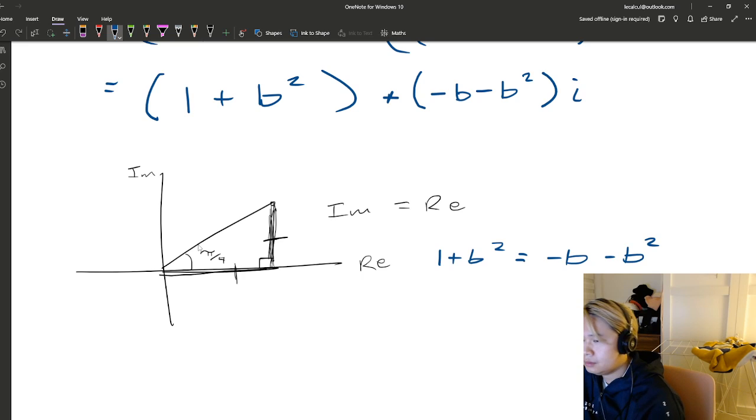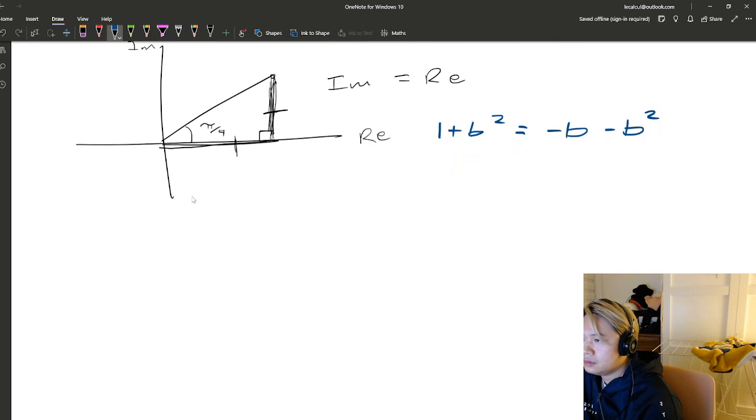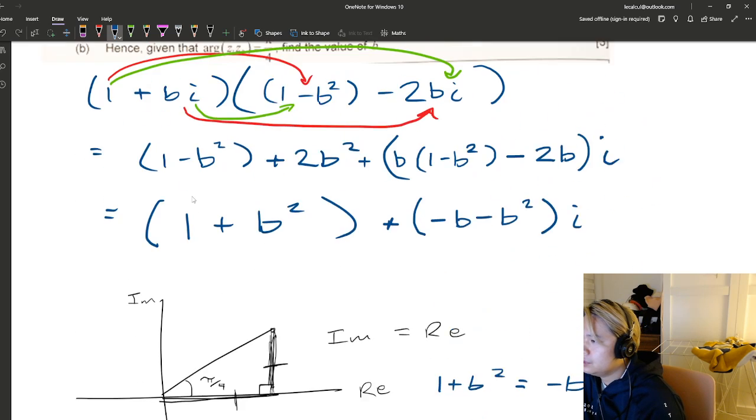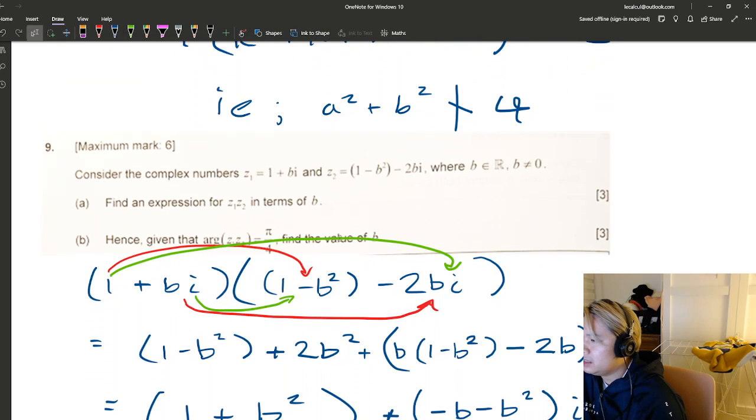So collecting everything to one side, we get 2b squared plus b plus 1 is equal to 0. And I don't think this is factorable. So, what am I supposed to do? Find the value of b.